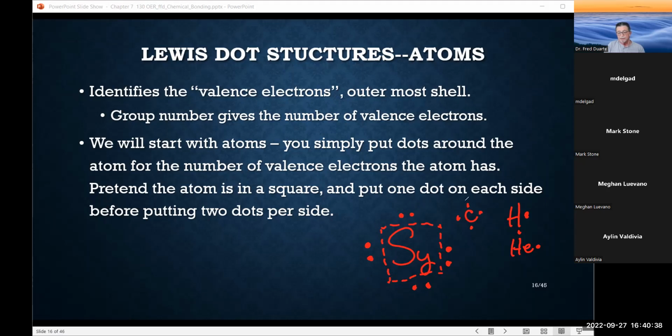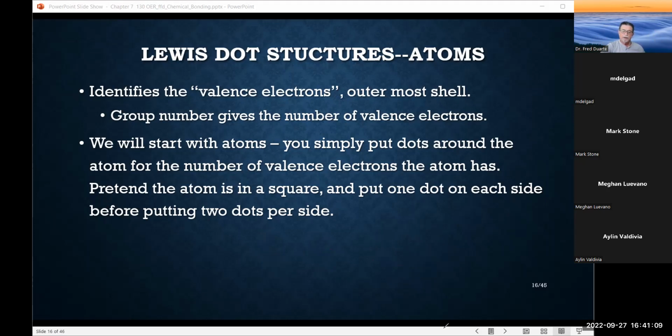That's just to demonstrate that you put 2 dots. So if you ended up with 2 valence electrons, 2 dots side by side wouldn't be the correct format for the first two. The correct format would be a dot there and then a dot next to it on the side. And that just follows the principle of filling up the electron shells, starting with lowest energy and moving up to higher energy.